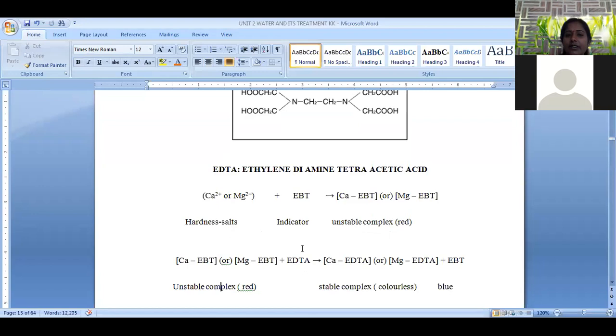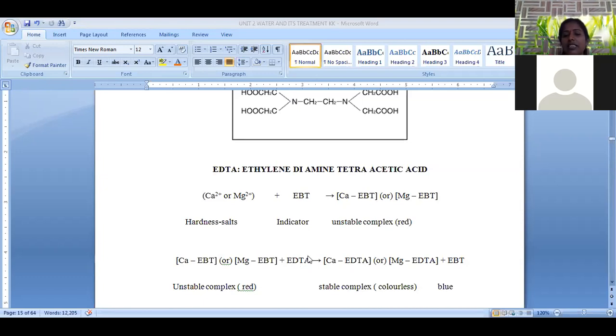It readily reacts with another reagent called EDTA, ethylene diamine tetraacetic acid. When EDTA is added from the burette, what happens? The EBT is now replaced by a stable complexing agent, that is the calcium EDTA complex. The reason is EDTA is hexadentate, so the more the number of electron releasing groups, the more stable the complex will be.